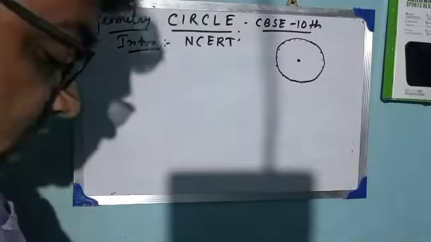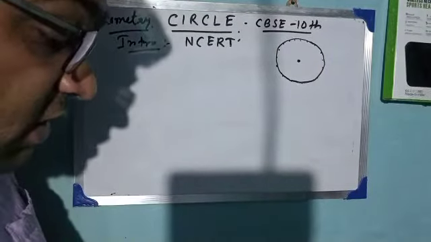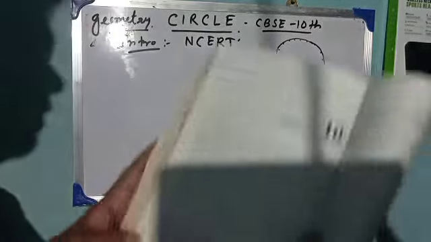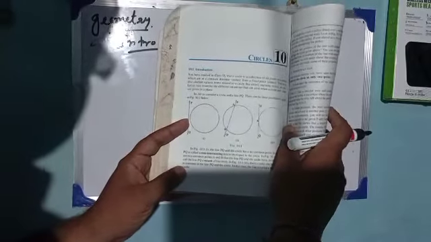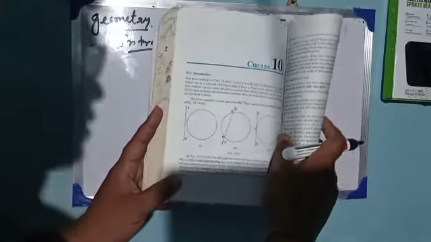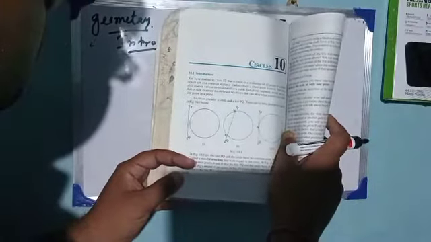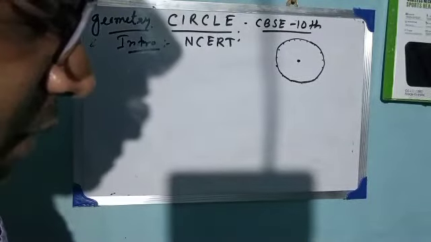Now in the NCERT book there are 3 figures given. If we consider a circle in figure 10.1, I am explaining what the book wants to show. Here in the figure there are 3 possibilities.